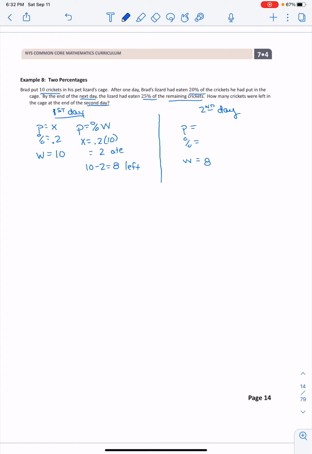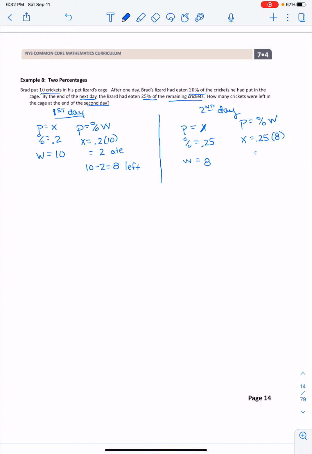But he ate 25% of those. We want to know how many he has left. So we have P, percent, and W. So we have X equals 0.25 times 8.